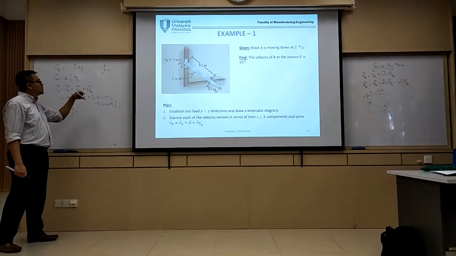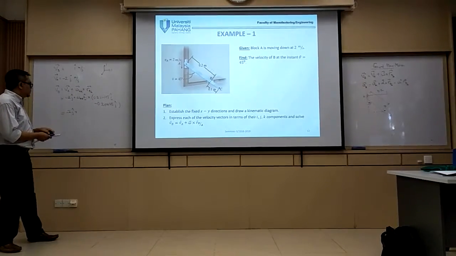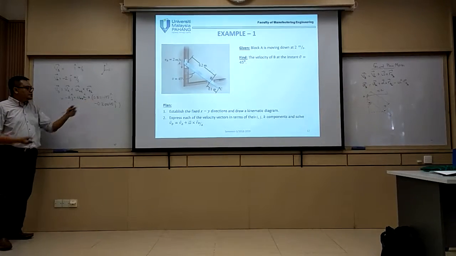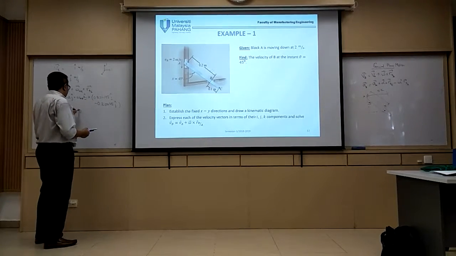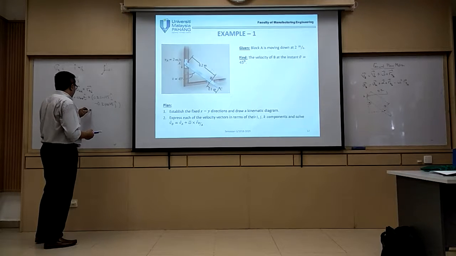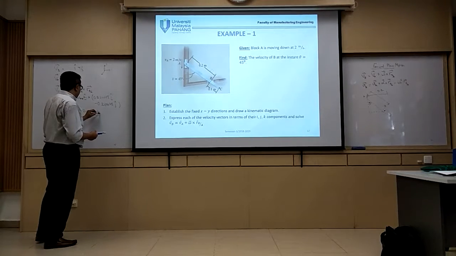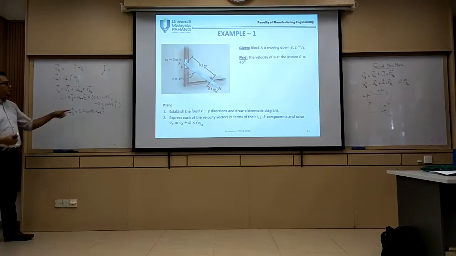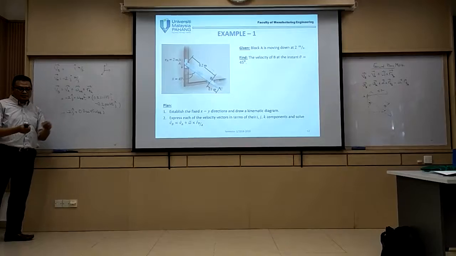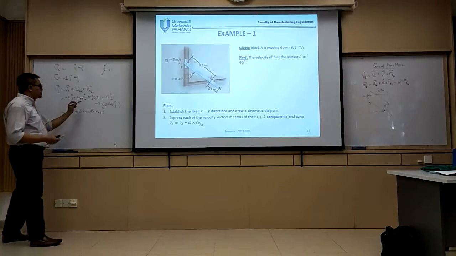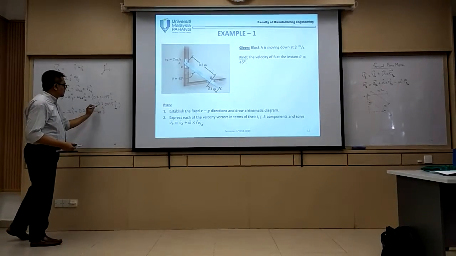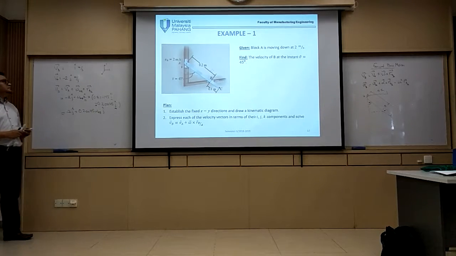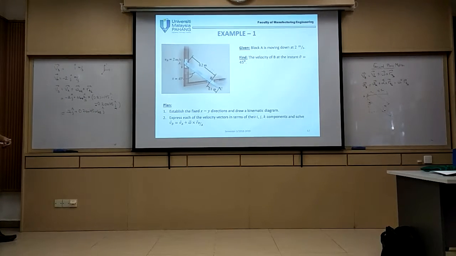J. So this is 0.2 sine 45 omega AB J. Then how about K cross minus J?